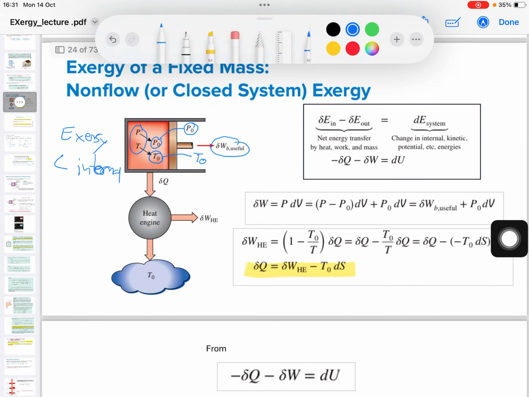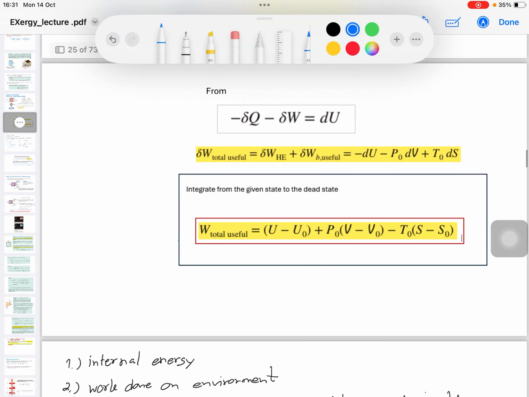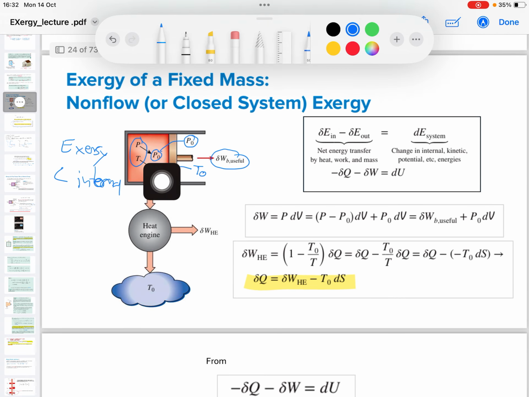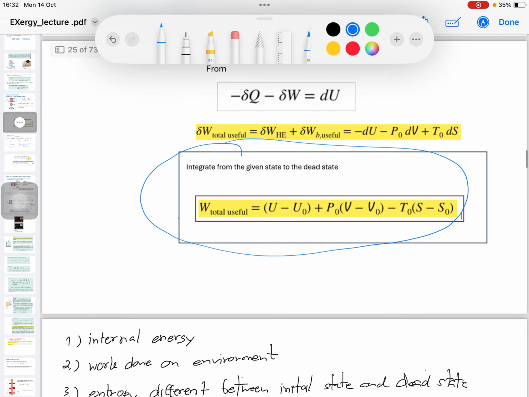All right, I will not show you the detail of the math proof here, but finally you will use this one to calculate the exergy of this system, and it depends on the internal energy of the gas at the initial state. This U0 is the internal energy of the gas at the final state.